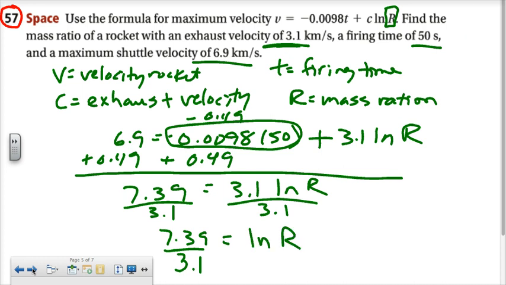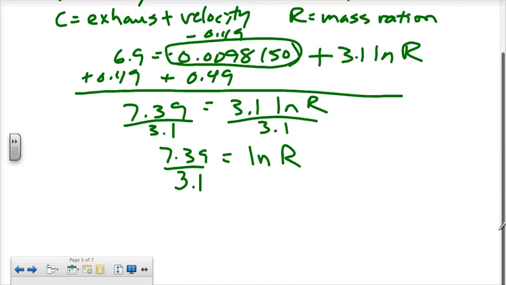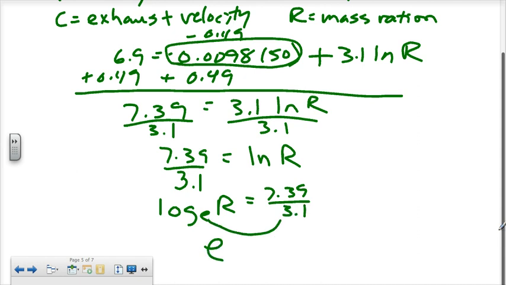And now we get to this point, and we want to get rid of the natural logarithm. Well, what we have to do is write this as the logarithm with a base, and natural log has e for its base. So logarithm base e of r equals 7.39 over 3.1, and then e to the 7.39 divided by 3.1 power equals r.